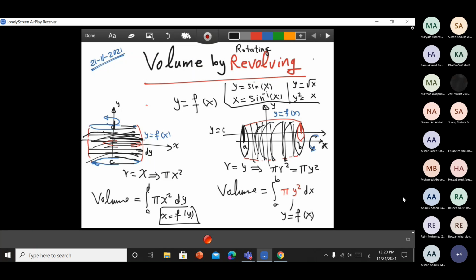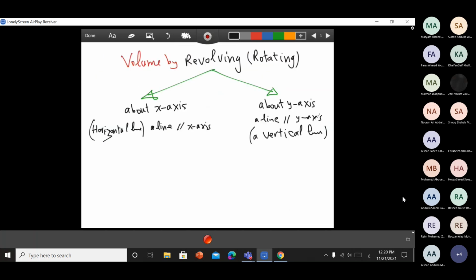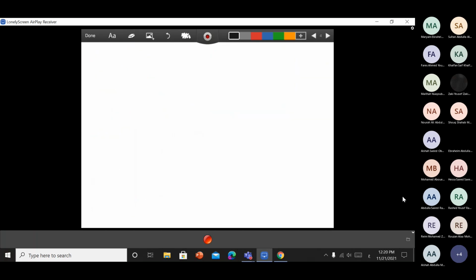The disk method, you use it when you have only one curve rotating about the x-axis or y-axis. So what is the other method? The other method, we call it the washer method.